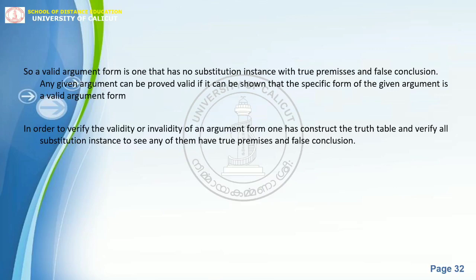Any given argument can be proved valid if it can be shown that the specific form of the given argument is a valid argument form. In order to verify the validity or invalidity of an argument form, one has to construct the truth table and verify all substitution instances to see if any of them have true premises and false conclusion.